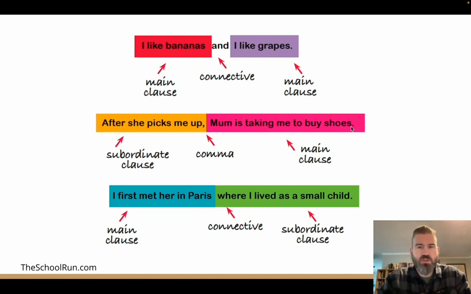Mama's taking me to buy shoes after she picks me up. So this part here, after she picks me up, could not stand on its own. It needs this main clause. I first met her in Paris. That could stand alone. Where I lived as a small child. So that's subordinate, right? It cannot exist without this.